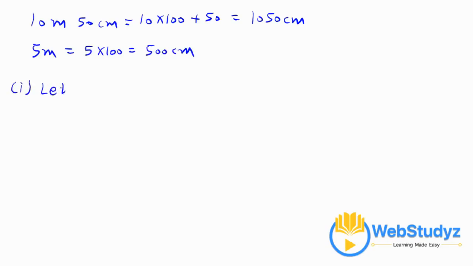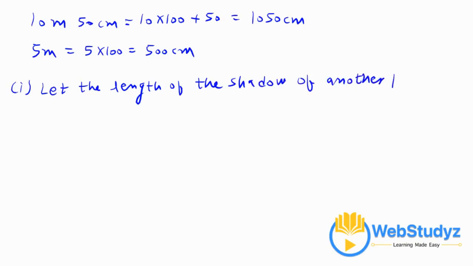So let the length of the shadow of another pole be x.